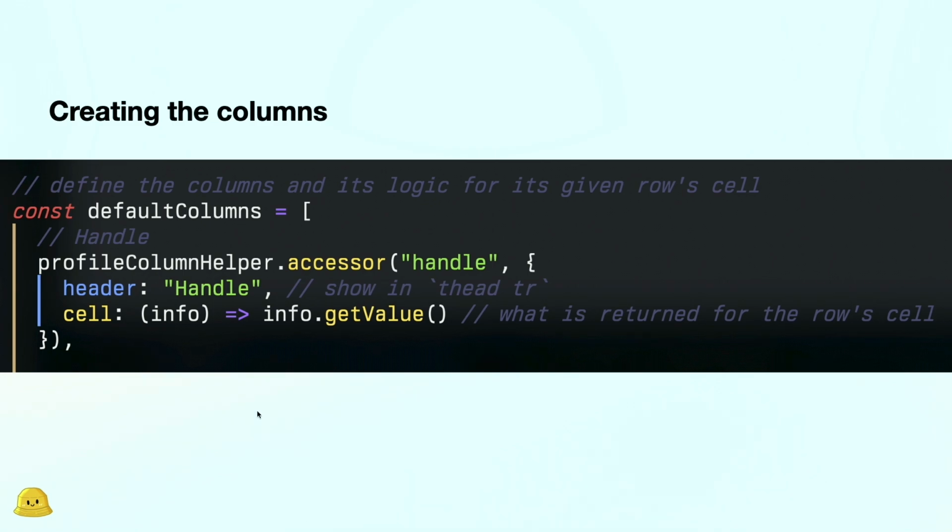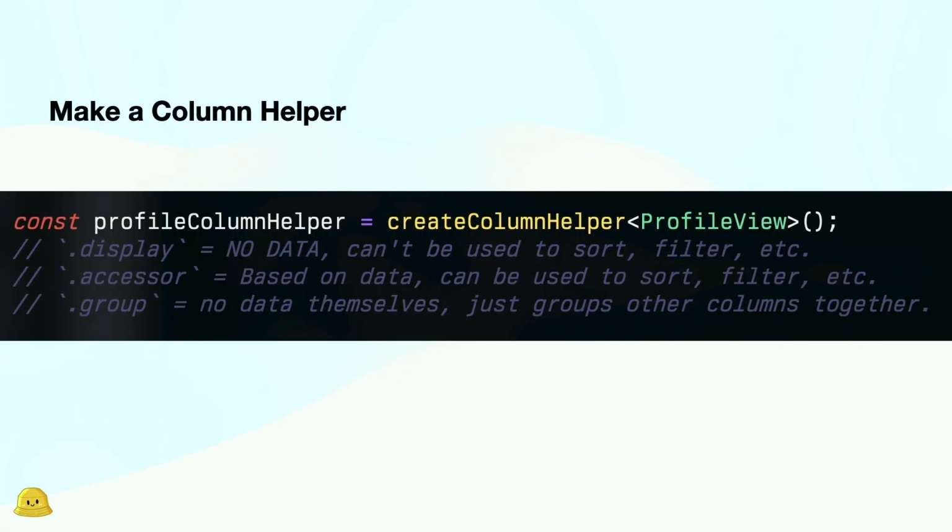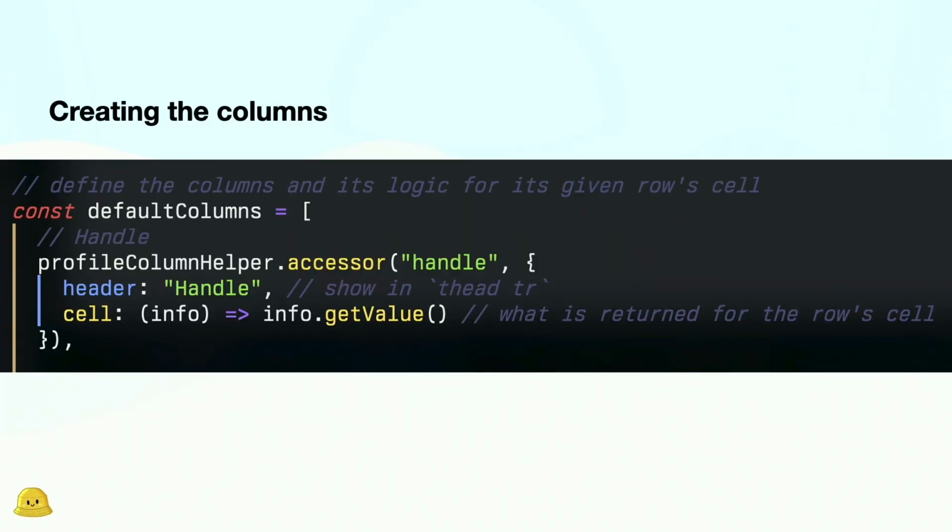So actually creating the columns. The columns are just an array, and then you use the column helper to create each individual column. In this case, we're using an accessor helper, which is based on the data, and we can use that data to sort and filter, which we'll do later on.